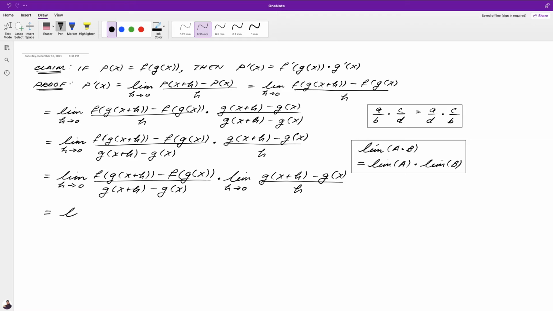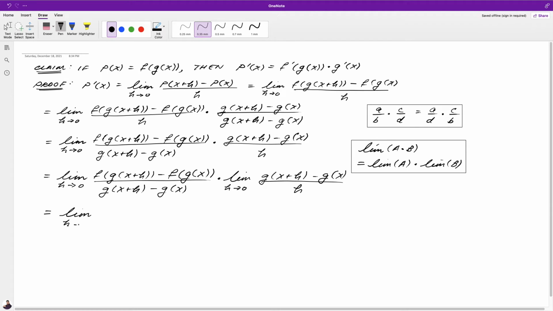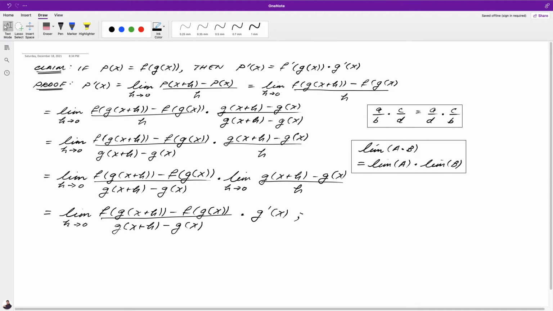So we've got the limit as h trends to 0 of f of g of x plus h minus f of g of x over g of x plus h minus g of x, times g prime of x. How convenient. Now, let's use a substitution to make this more evidently look like f prime of g.